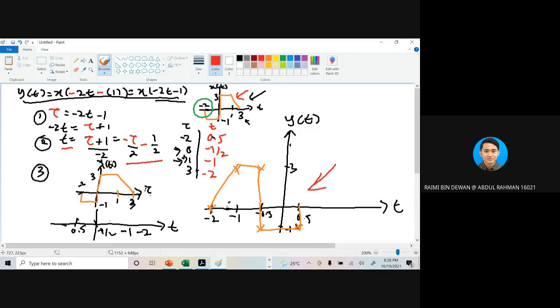Try to think. And you see this method 3, even without having the information in the beginning whether time inversion, time scaling, or time shifting happened, we can actually solve it with method 3. But in method 2, for example, you need to be able to factorize and identify, then you will make a proper sketching.